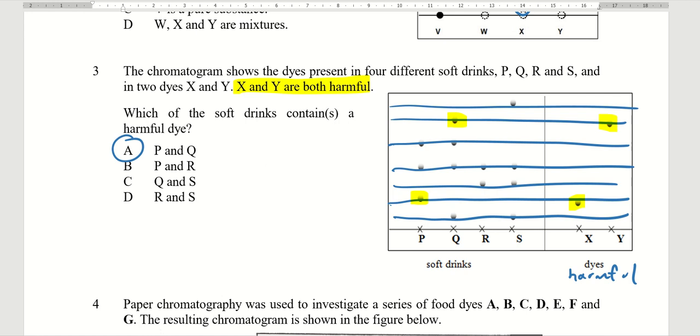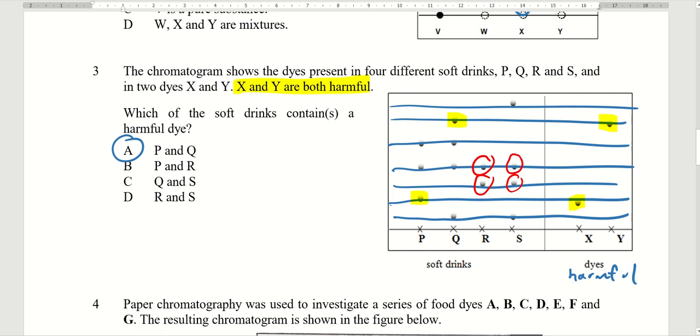Okay, so let's use a different color for an extended example. If you look at R and S, you notice that R and S have these 2 spots that are similar.